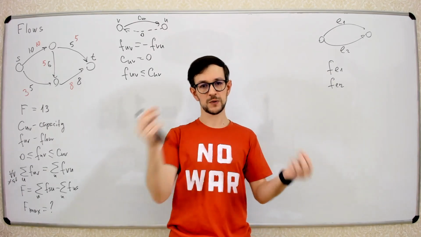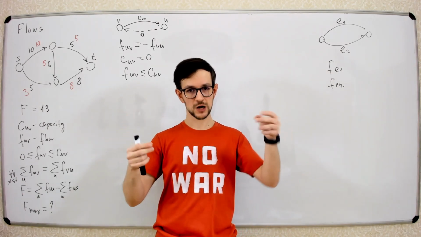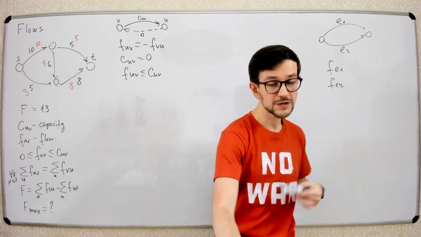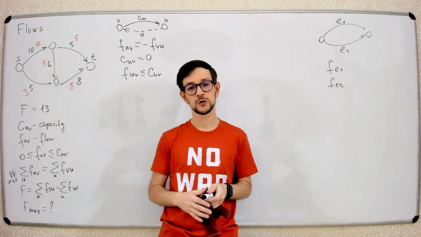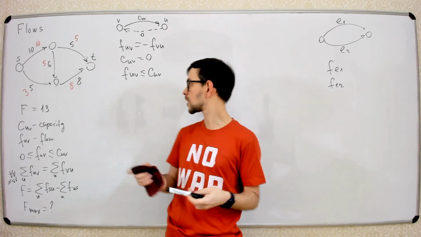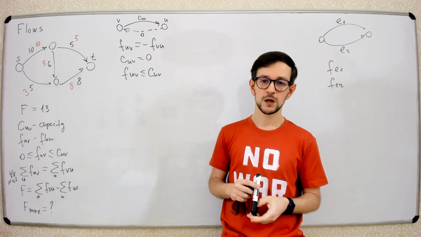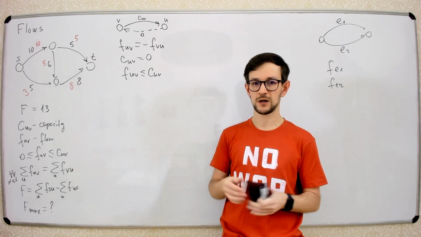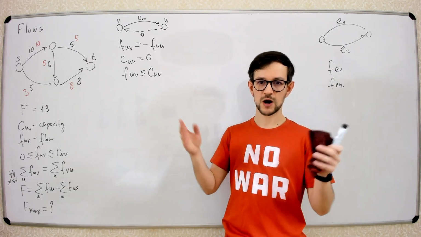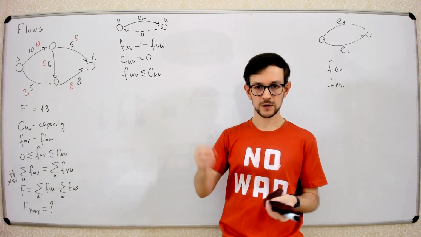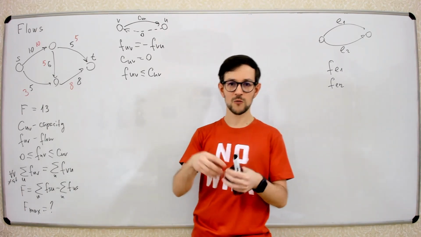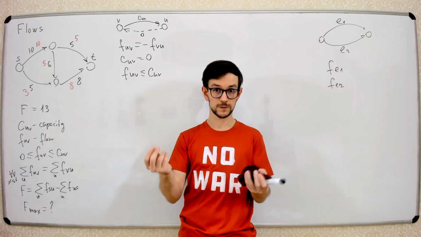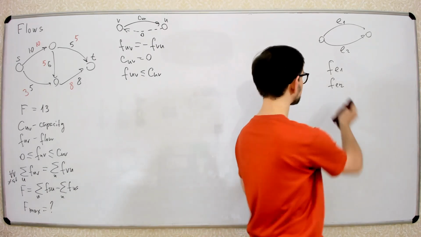If you have multiple edges with the same ends, you need to attach different flows to different edges. But that's usually how you program it. Usually when you program it, you don't have an adjacency matrix. When you program graph algorithms, you have something like a list of all edges. So you have an edge object, and you can attach the capacity and flow to this object. So it's usually not a problem.